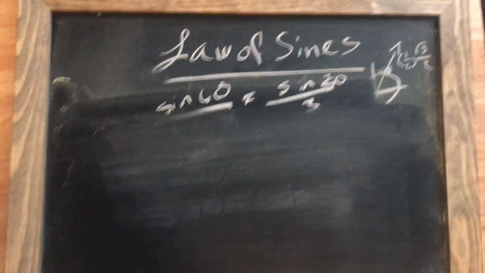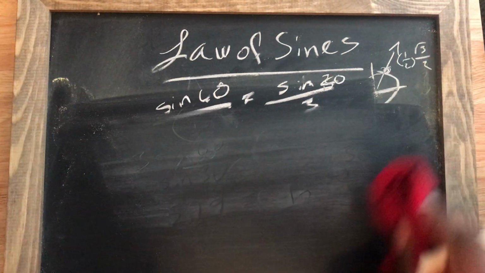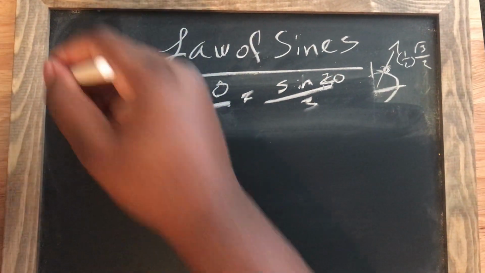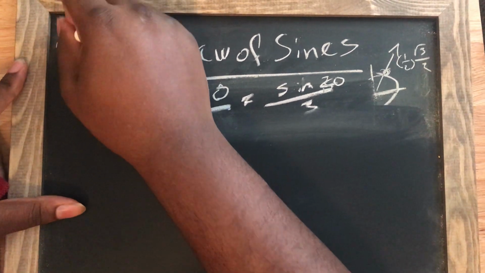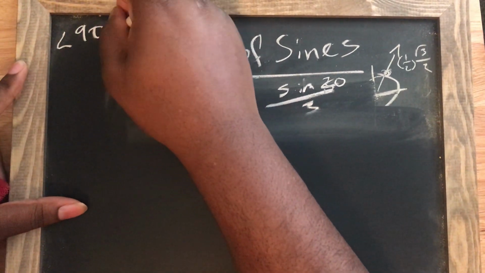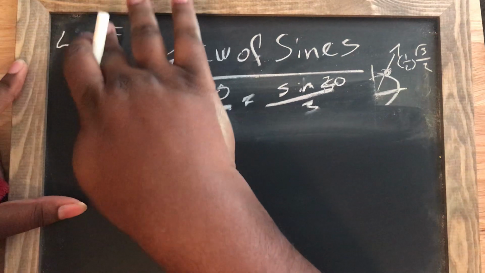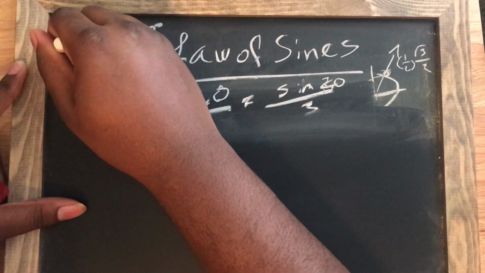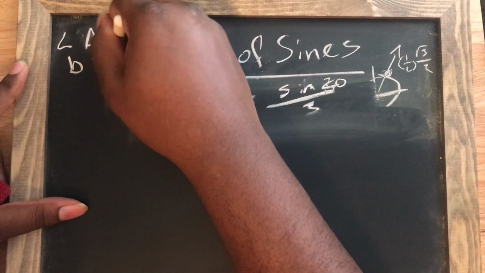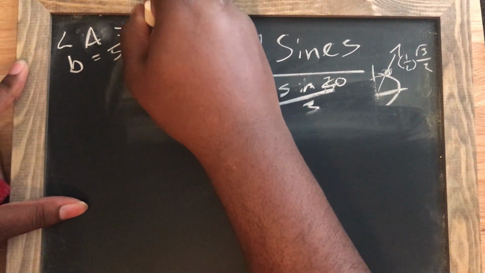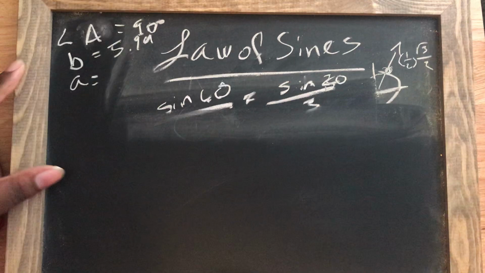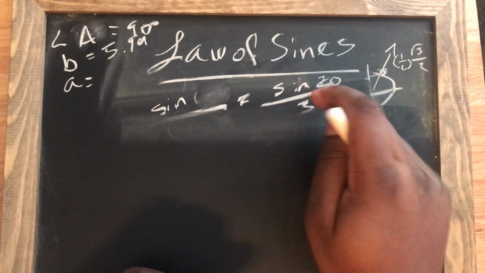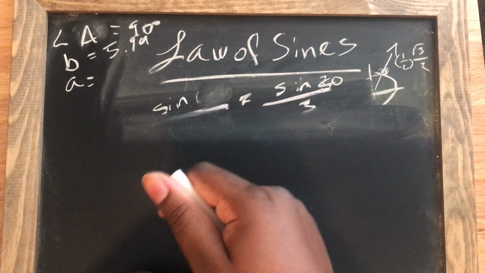Now remember, we already know that angle A was 90 degrees. Now, we know that little b is 5.19. The last thing we have to find is little a. So to find little a, use the exact same formula. Sorry, I had 30 over 3 set up.